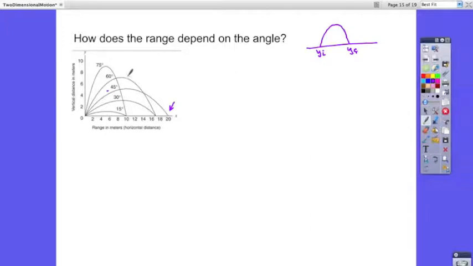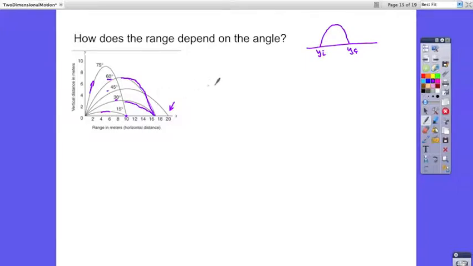It's also important to note that pairs of angles will give you the same range. Do you see here that 30 degrees and 60 degrees each give you this range, and 75 and 15 each give you the same range. The pairs of angles that give you the same range are complementary. Remember, that means they add to 90.